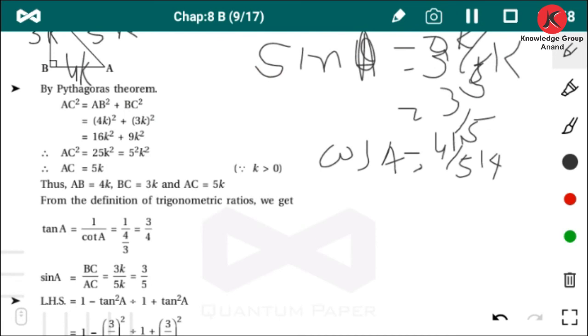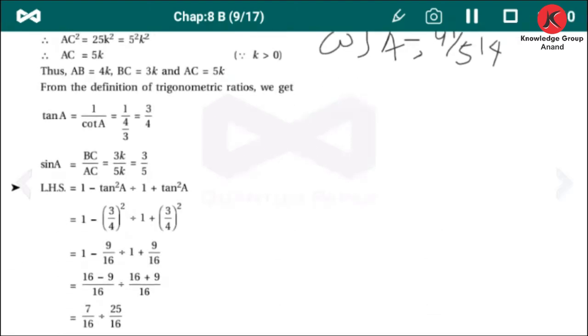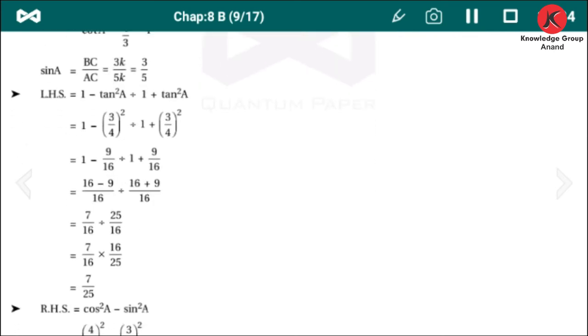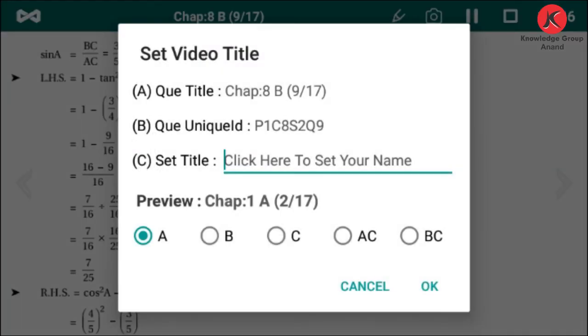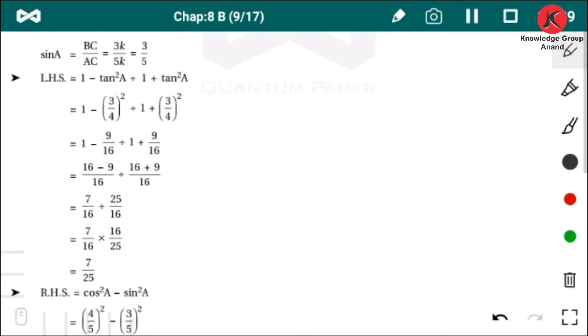Put the values: 1 minus tan square A divided by 1 plus tan square A. Then 1 minus 3 by 4 whole square divided by 1 plus 3 by 4 whole square, 1 minus 9 by 16 divided by 1 plus 9 by 16, that is 7 by 16 divided by 25 by 16. Division becomes multiplication, then 16 cut. Answer is 7 by 25.